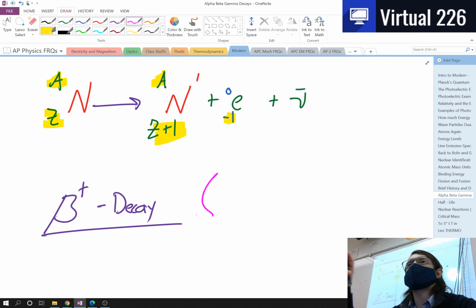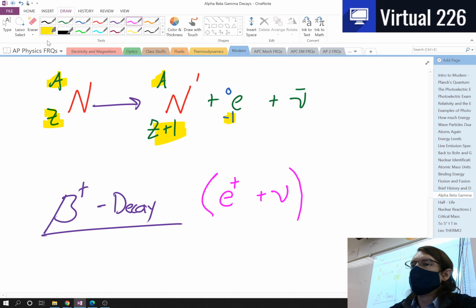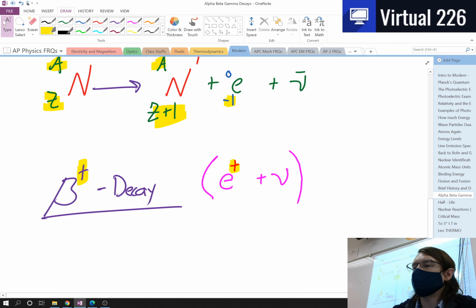So instead of having an electron and an antineutrino, you're going to get an anti-electron, or a positron, and a regular neutrino. Notice how it's the beta plus decay, and you get the positive electron, or a positron here.